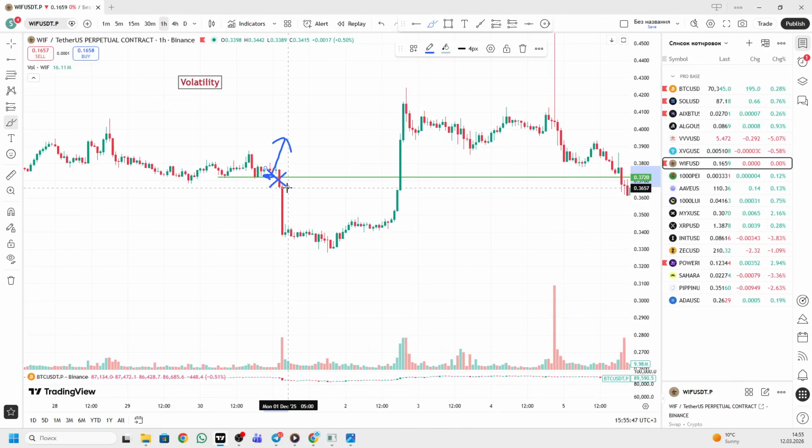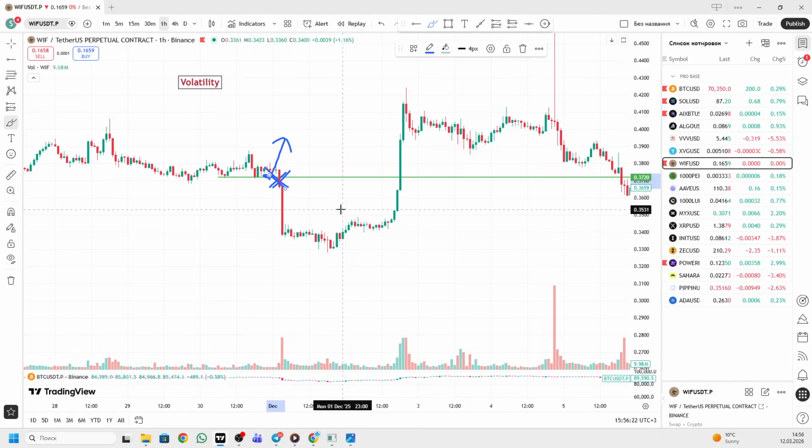So we close it here. Just exit the trade and move to another asset. We don't add to the position and we do not average down. Yes, technically you can add to the position and shift your entry point. But right now, we are not using that approach. Our rule is simple. We close the position. We close it here. Okay, and just move on to another asset. I think it's clear so far, right?